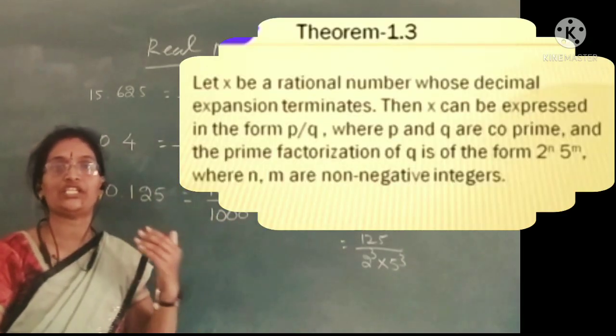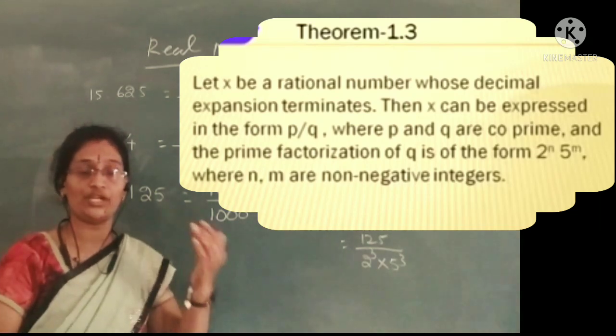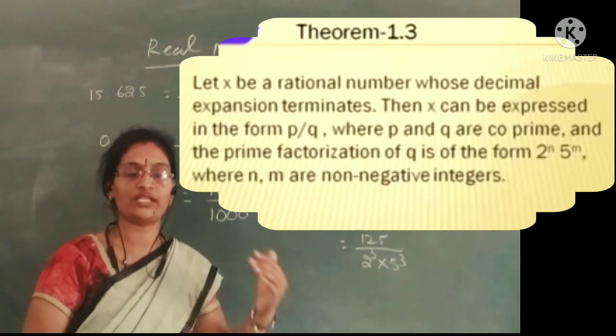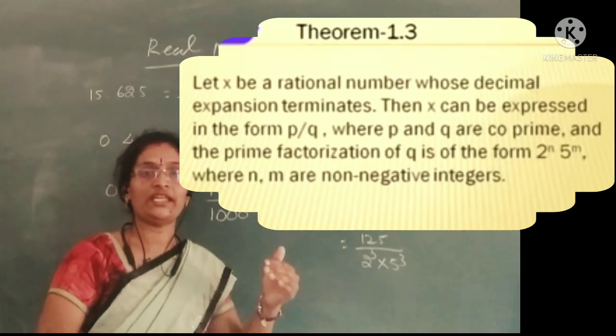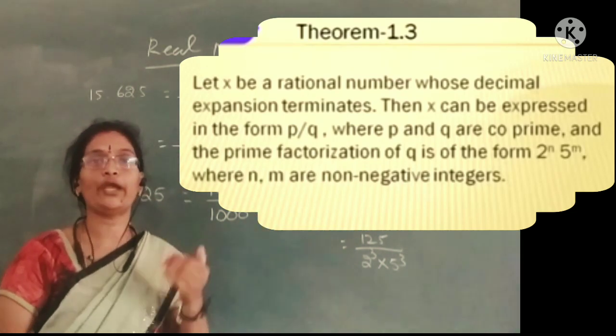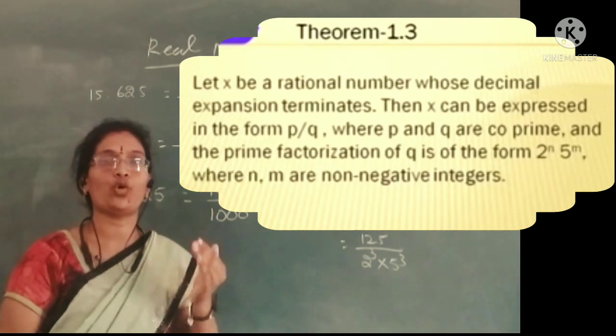Then x is a rational number whose decimal expansion terminates. So the rational number we can express in the form of p by q, where p and q are co-prime numbers.